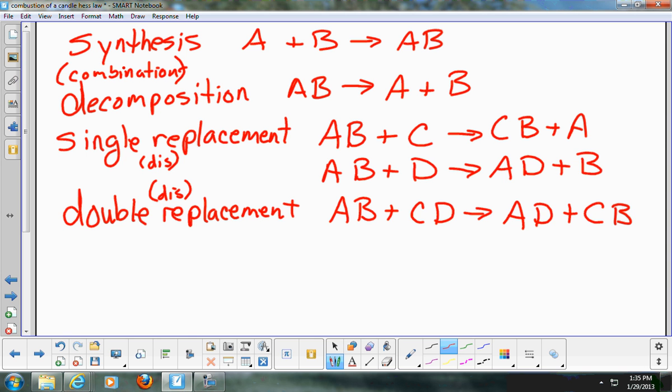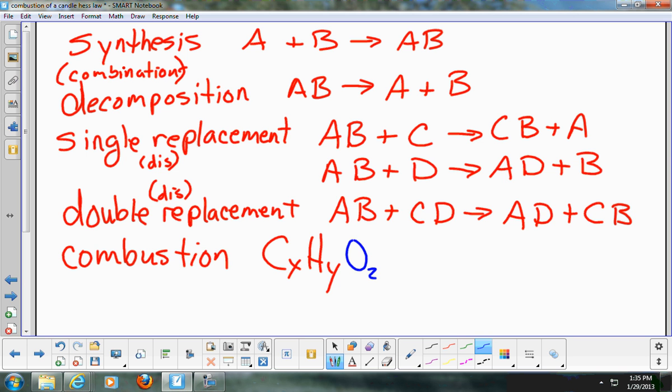Now there's one other that most kids just love. They like to see things explode, right? We call that combustion. Combustion happens when I have a carbon compound with some hydrogen, and I'm going to put in blue, because it's not always there, some oxygen, and maybe some nitrogen.